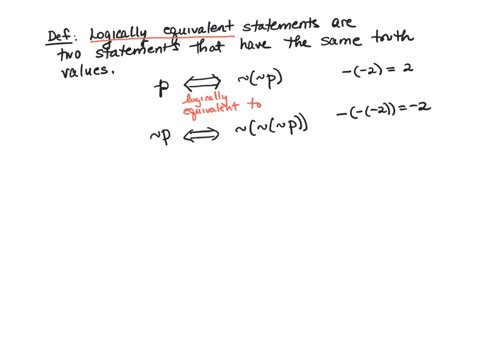So this is a rule that can be generalized: an even number of negations will give back the original truth value of the statement, and an odd number of negations will negate that statement. All right, now we're ready to look at our next kind of statement.